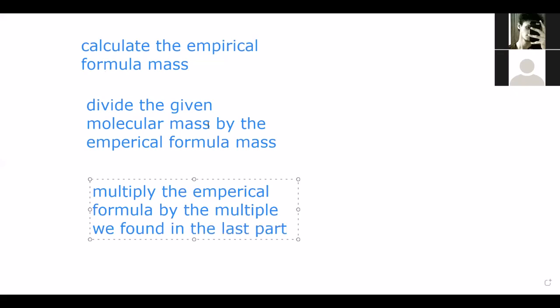That is, when we divided the given molecular mass by the empirical formula mass, we got a number, and we'll multiply that number with the empirical formula to get the molecular formula.